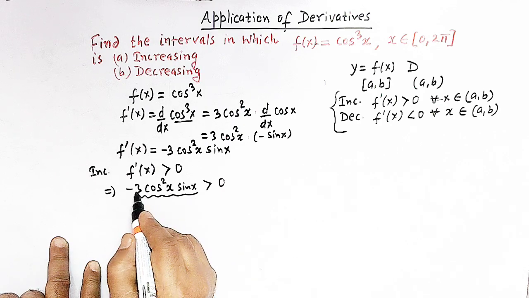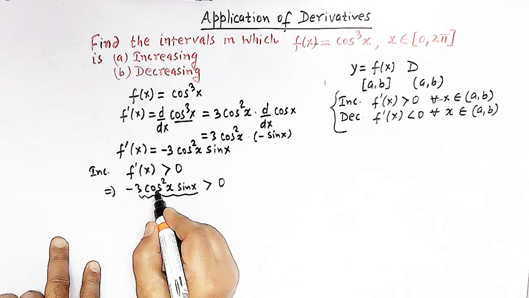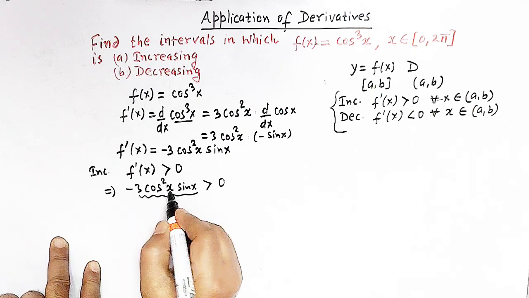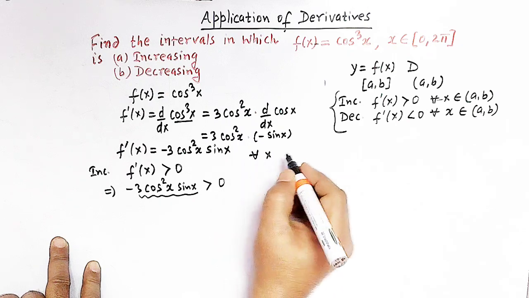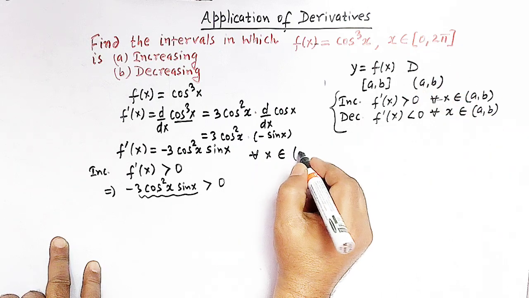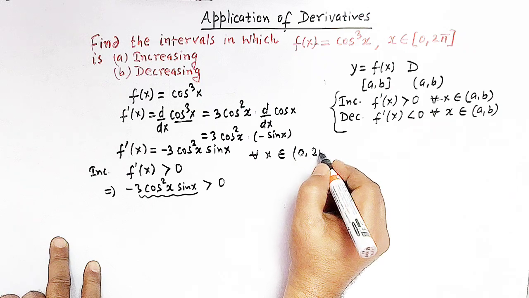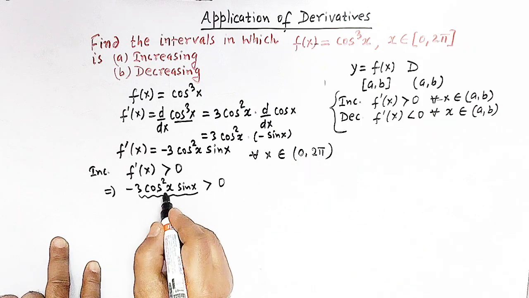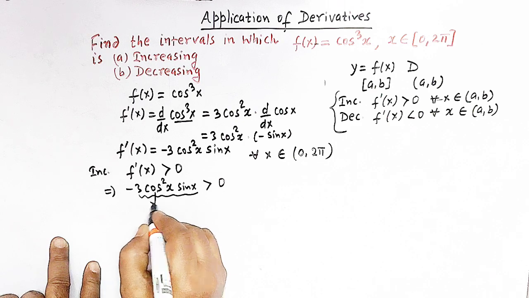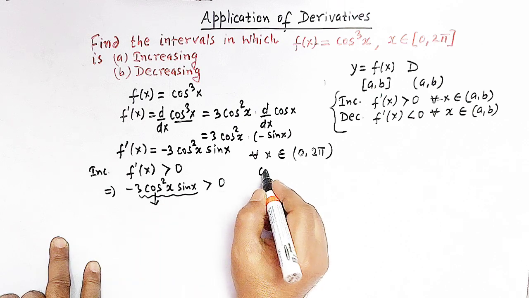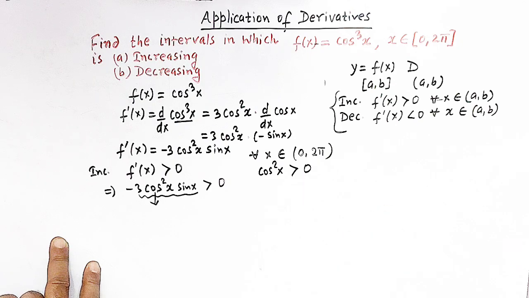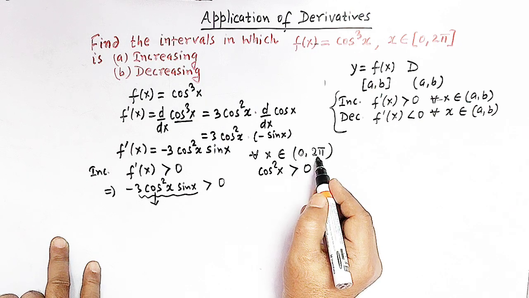Here we have a negative sign, and here we have cos square x, right? And for all x belonging to this interval, that is 0 to 2 pi, cos square x is going to be positive. So here cosine square x is always greater than 0 in this interval, right?